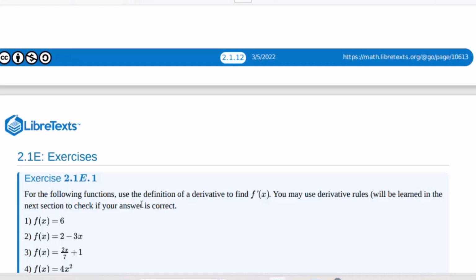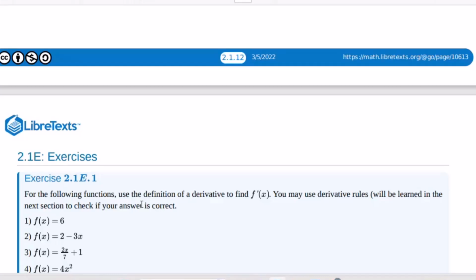All right. I said f prime of x is equal to f of x plus h minus f of x, all over h. Then the limit as h approaches 0 of 2 minus 3 times x plus h, minus 2 plus 3x, all over h.